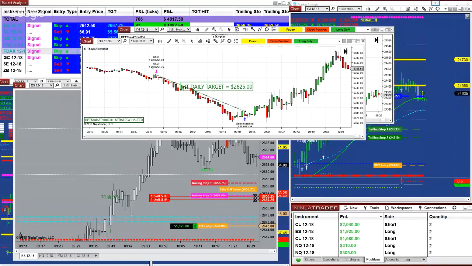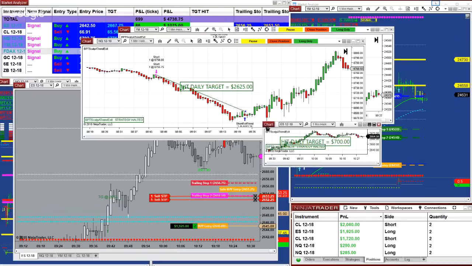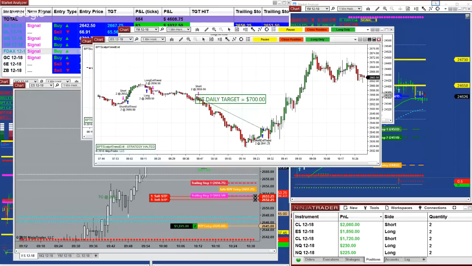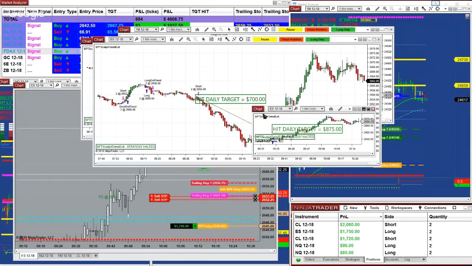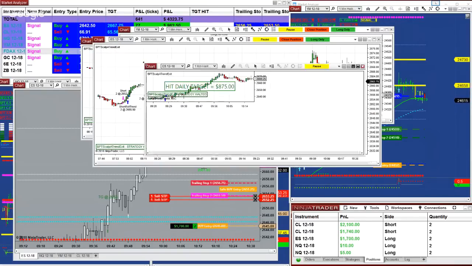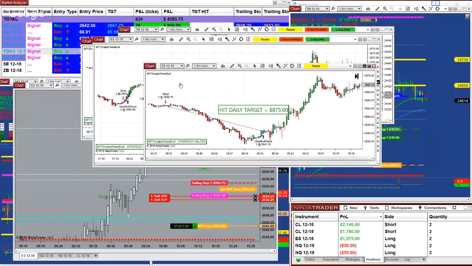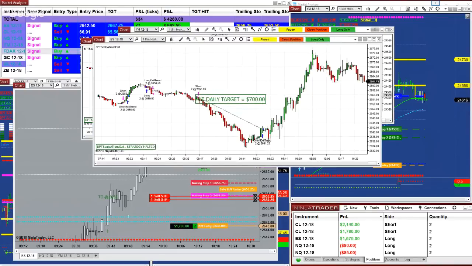So how you want to play the game, you can play it. And the ES on the filtered one hit the target at 700, and the unfiltered hit the target at 875. This is not bad. There is around a couple hundred dollars between those two, filtered and non-filtered, but also the filtered can keep you away from the chop market.